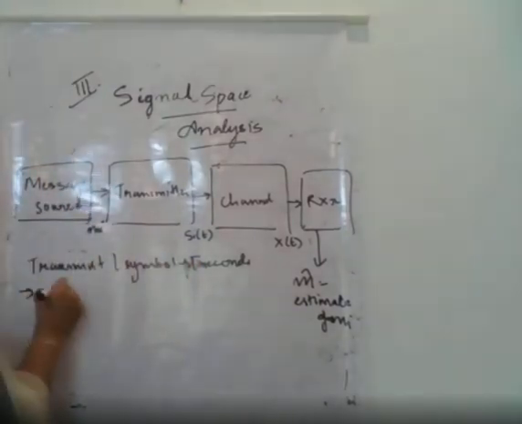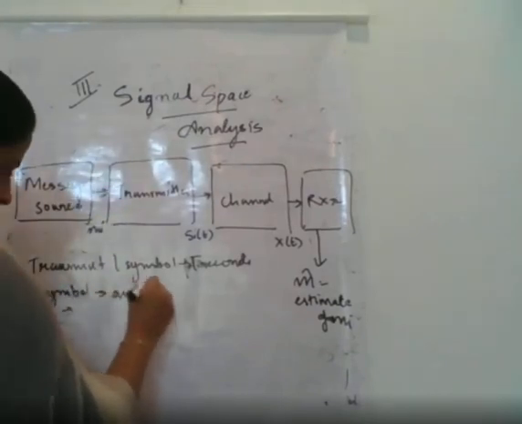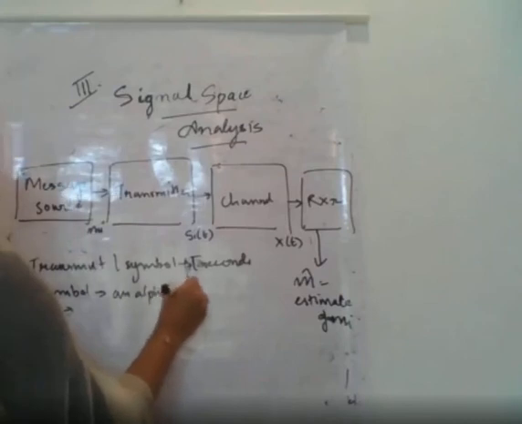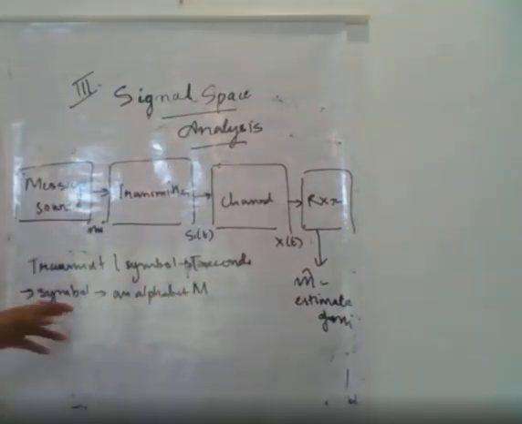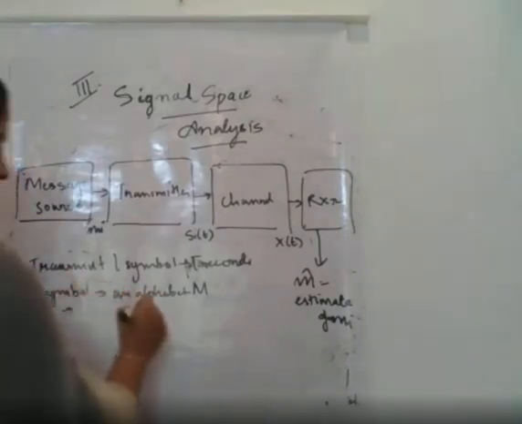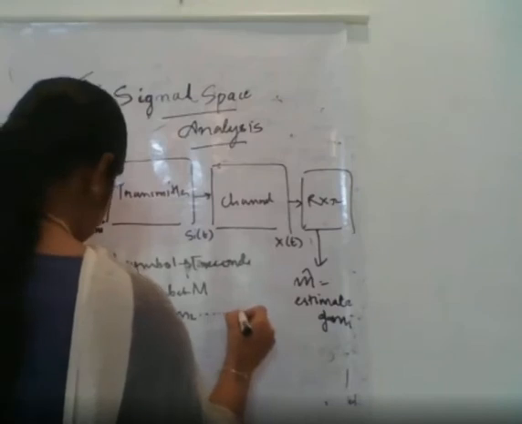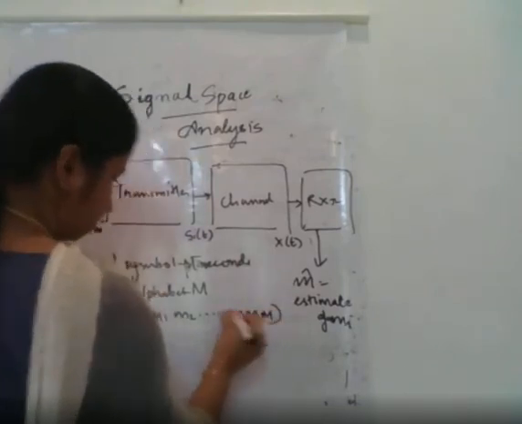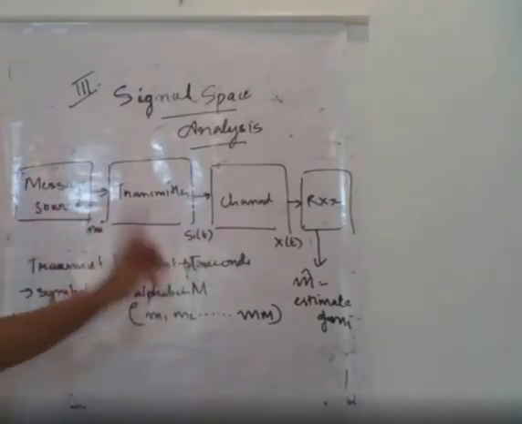The symbol here belongs to an alphabet M, and M can take values M1, M2, etc. up to M. So the message source transmits one symbol per T second.